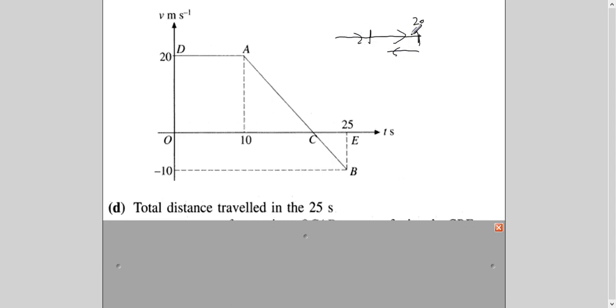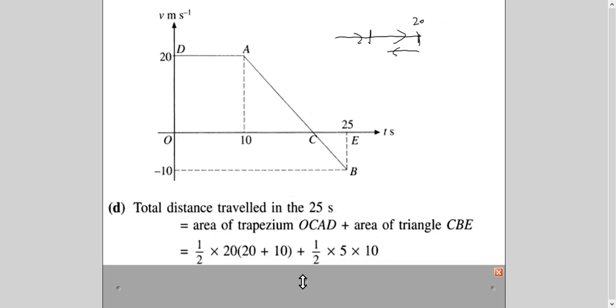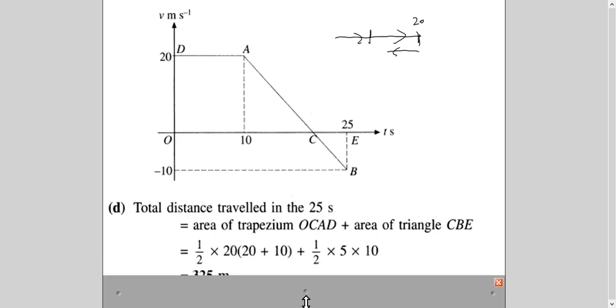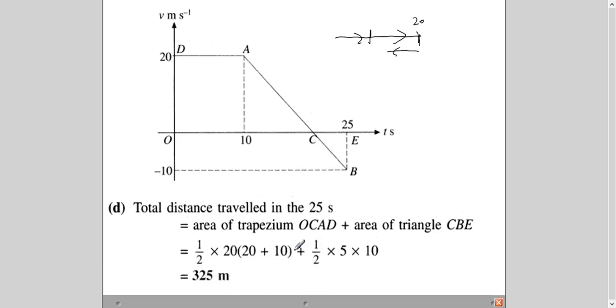So total distance means this. But through the graph, how will I find out? Area under this part plus area under this part. That will give you the total distance because it is a velocity time graph. So area of trapezium plus area of triangle, all of you know how to do it. So you found the total distance is 325 meters.